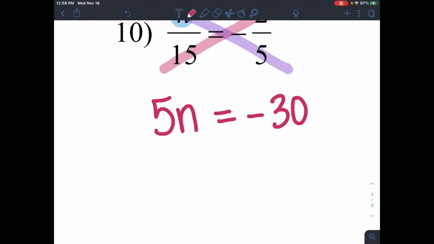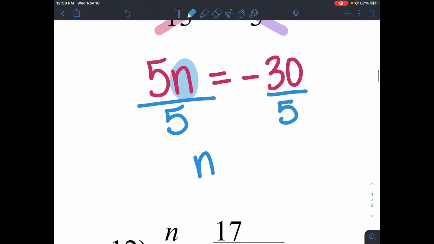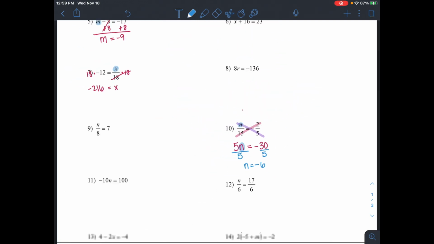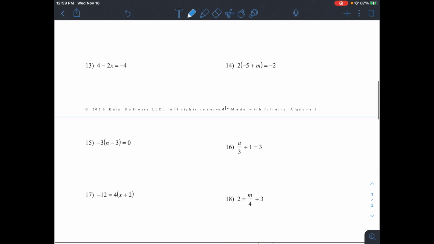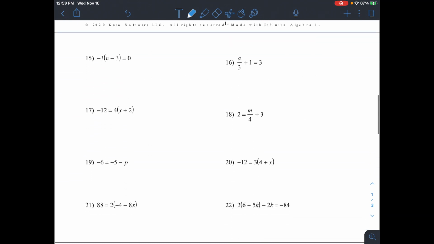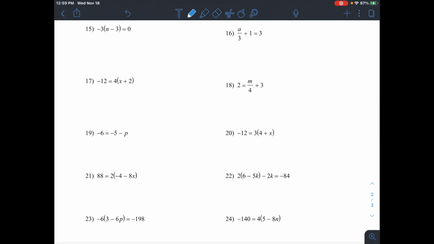Then again, we want to get n by itself. 5 times n, opposite of multiplication is division, so we'll divide both sides by 5. n will equal negative 30 divided by 5, which is negative 6. The rest of those look pretty similar.